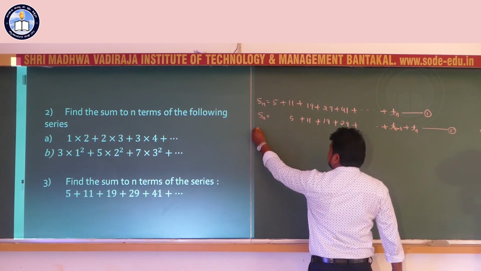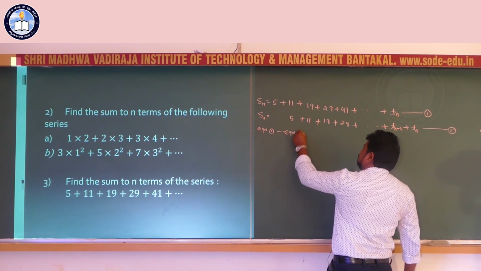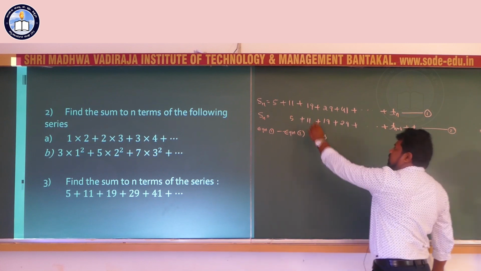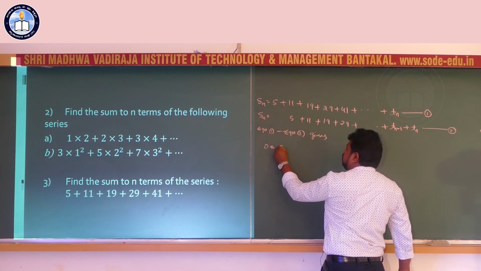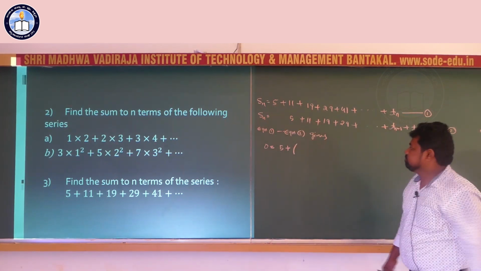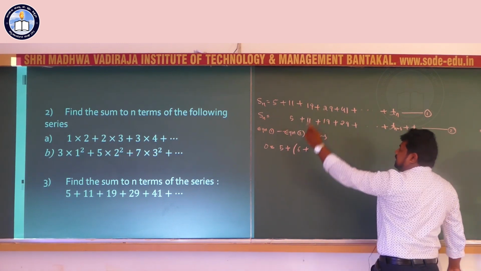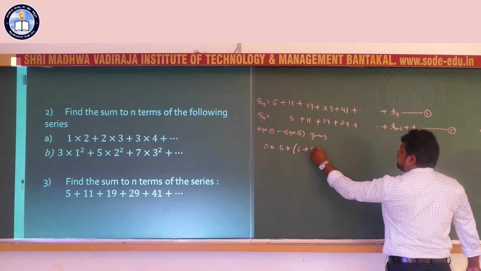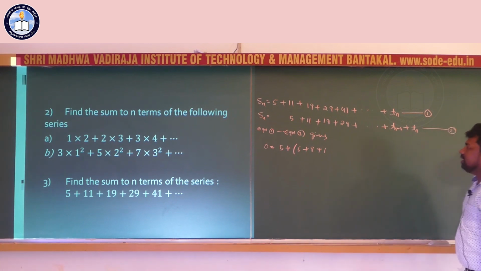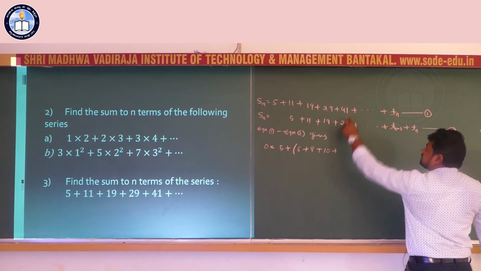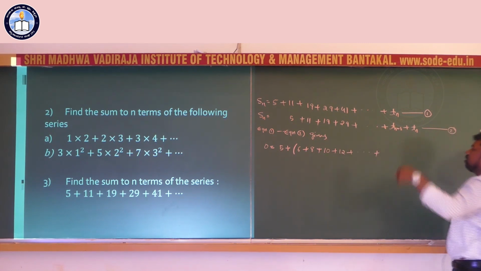Equation 1 minus equation 2 gives Sn minus Sn equal to 5 plus 11 minus 5 is 6, 19 minus 11 is 8, 29 minus 19 is 10, plus 41 minus 29 is 12, dot dot dot.